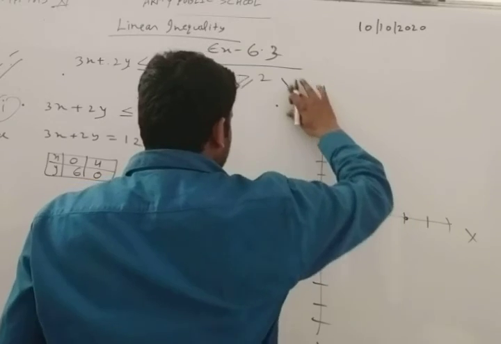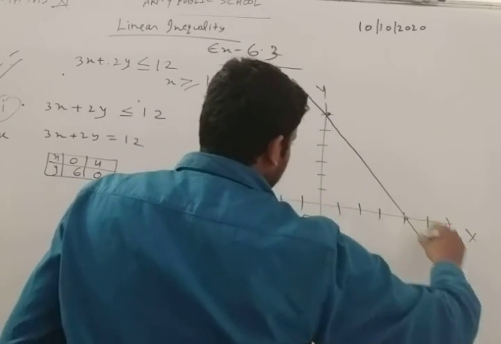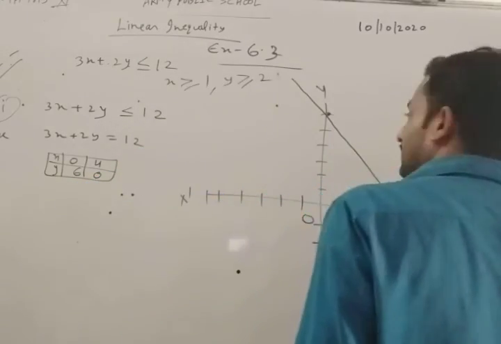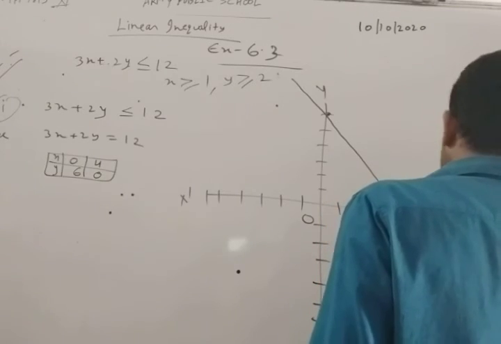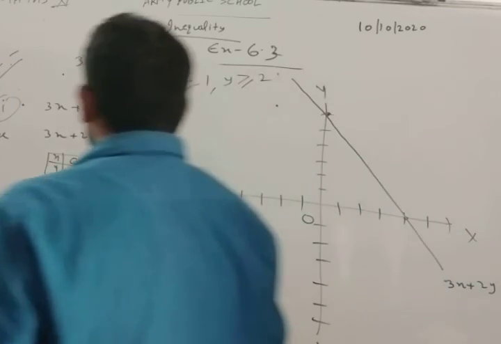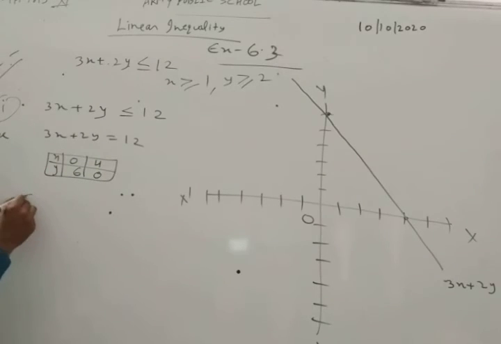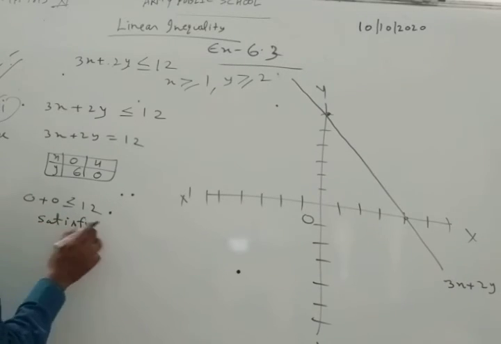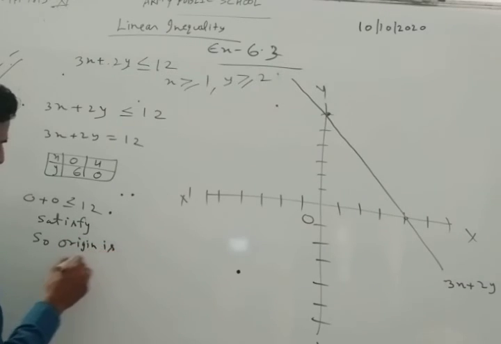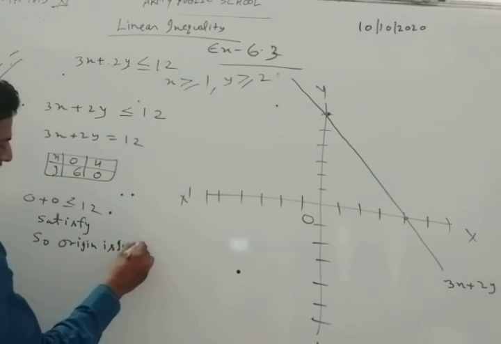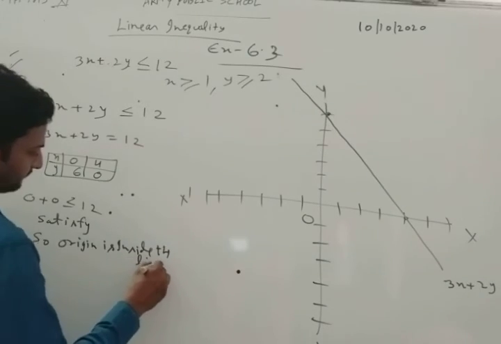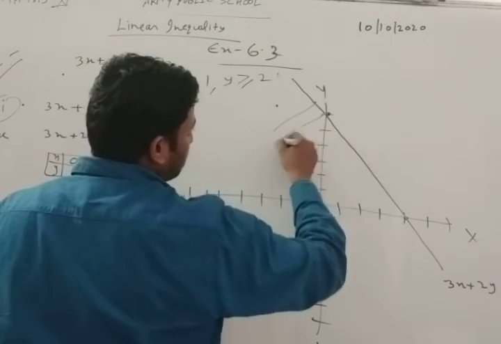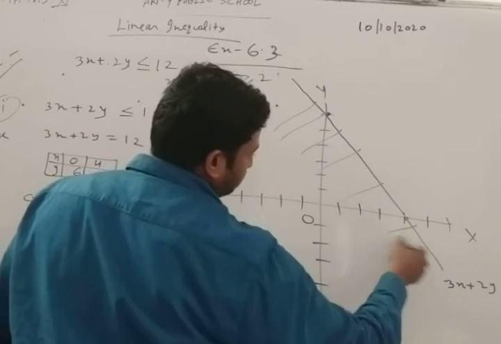Now this is the line 3x plus 2y is equal to 12. Now origin check. 0 plus 0 is less than 12. Satisfied. So origin is inside the line. So this will be our solution region.